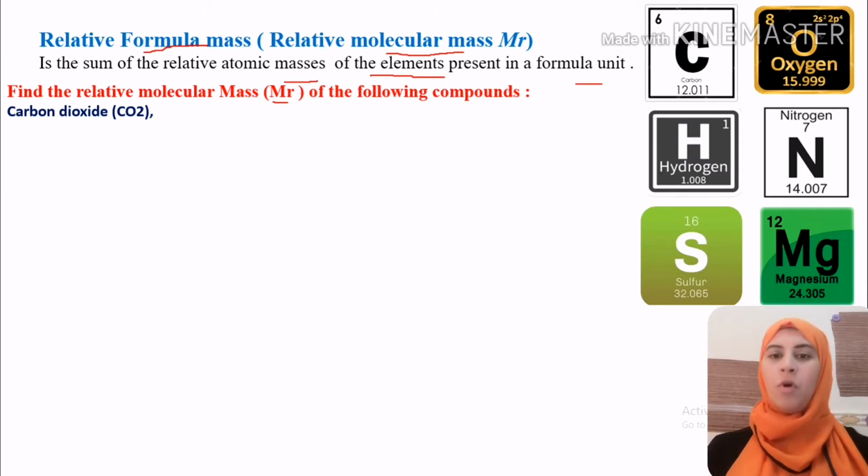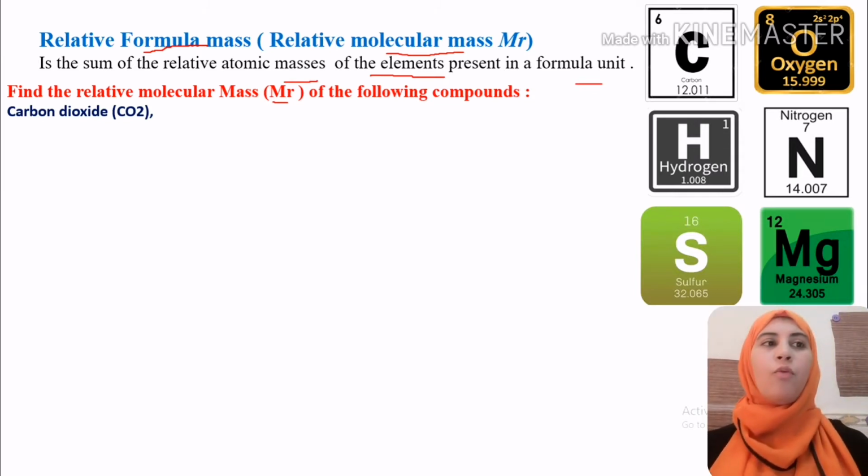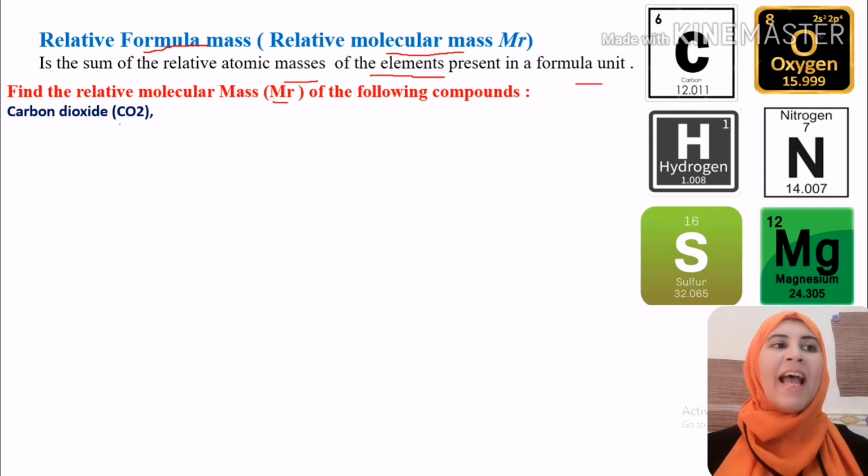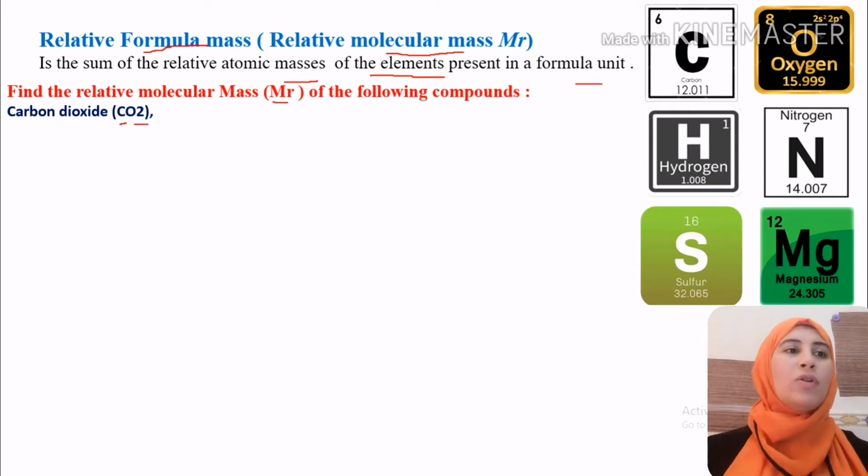Carbon dioxide is a molecule that consists of one carbon atom and two oxygen atoms. We want to calculate the relative molecular mass of carbon dioxide.